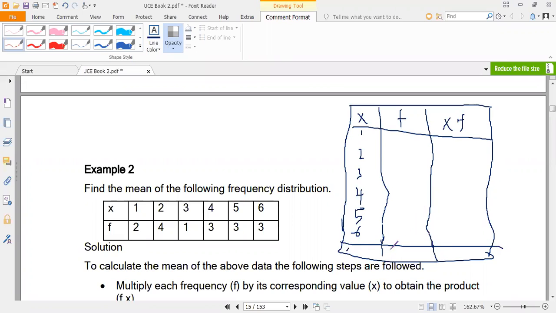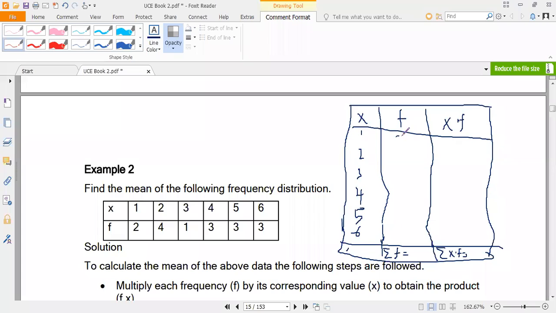So we use summations here, so meaning that we shall use this sigma sign, which means summation of f. So here you have to add up all the values of the frequency f. Then you also use the summation of xf, meaning that you also have to add the values of the multiples of x and f. So you go ahead and fill in the values of f.